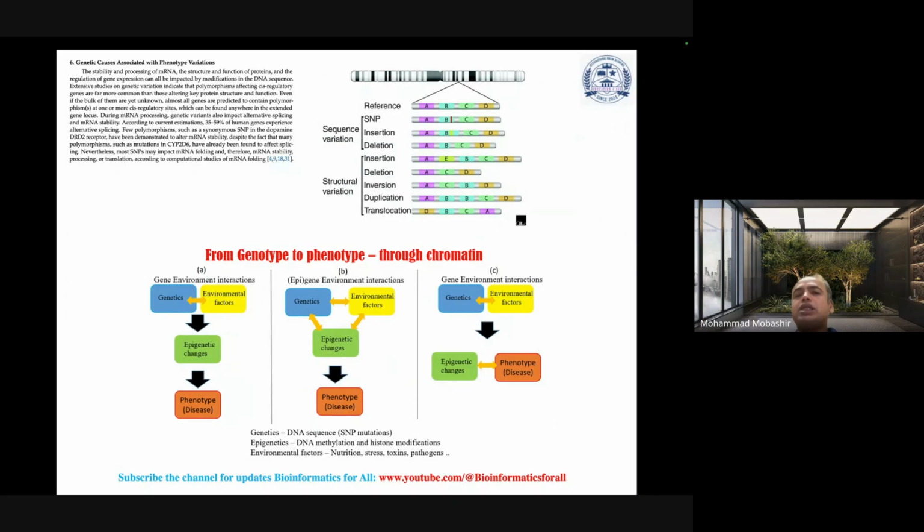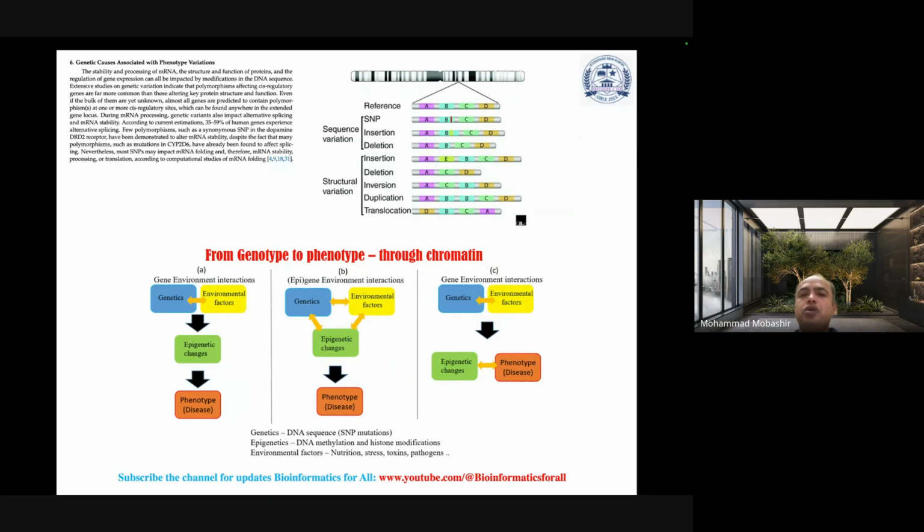Then you look for SNPs, insertions, deletions, also called indels. Then structural variations, also called SV. That means there will be a deletion or insertion on a chromosome, which will lead to a complete change in the chromosomal structure. Then inversion, duplication, and translocations are also there.